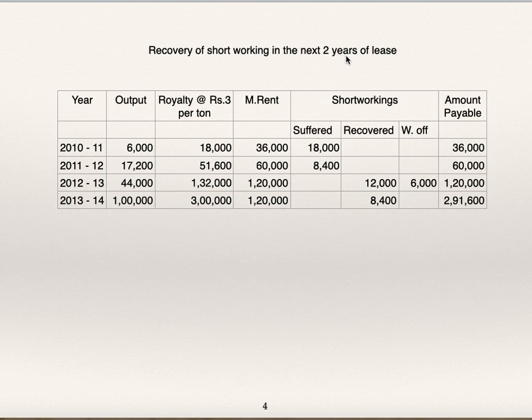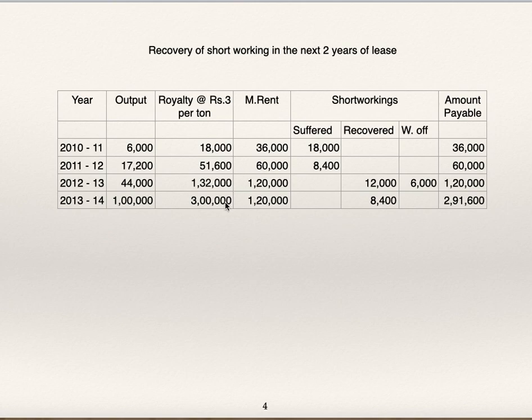Now recovery is in next 2 years. So whatever he has suffered in the year 10-11, he can recover till the year end 12-13, that is 31st March 13. He could recover only 12,000. 6,000 is to be written off. 18,000 minus 12,000 is 6,000.